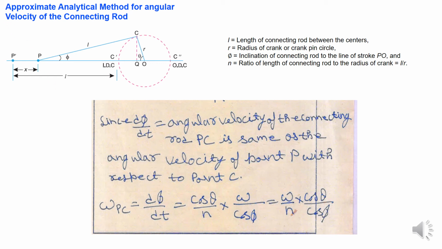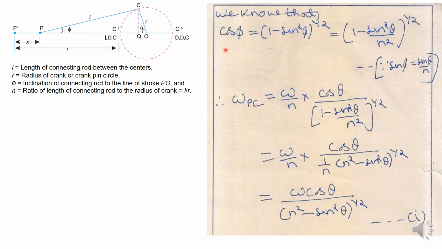Now come to the next slide. Cos phi is equal to (1 minus sin square phi) to the power 1 by 2, which is equal to the root of (1 minus sin square theta upon n square). We just put the value of sin square phi, since sin phi is equal to sin theta by n.